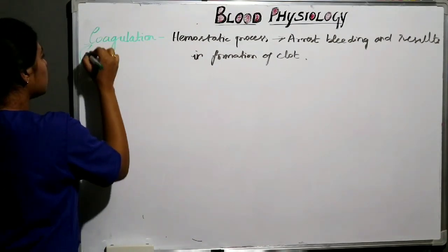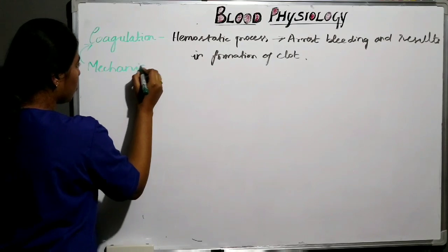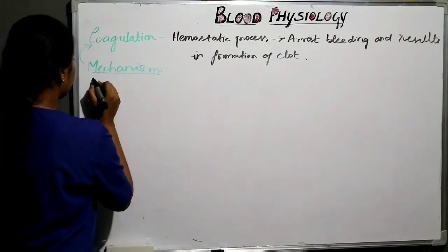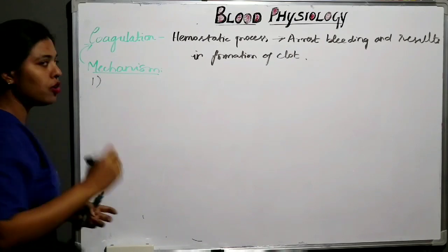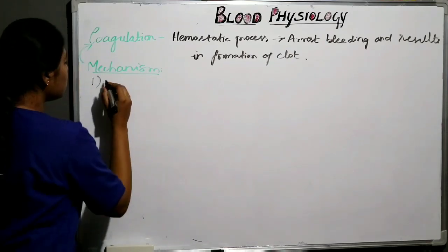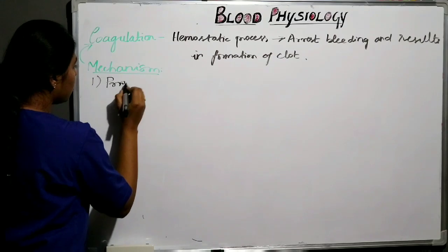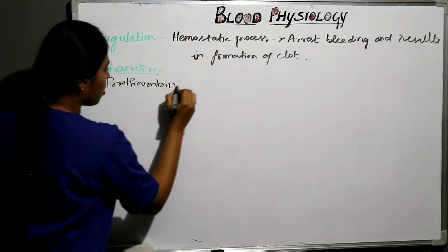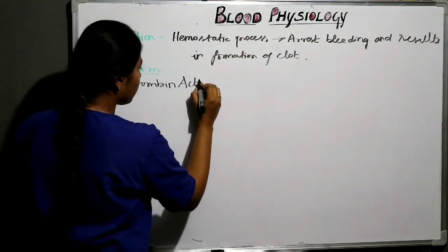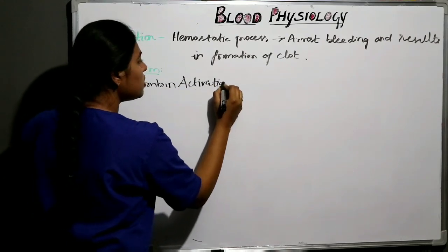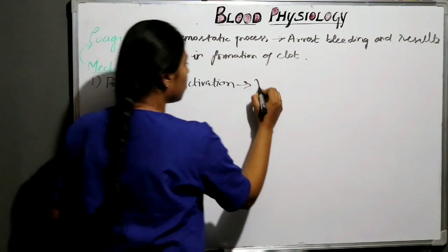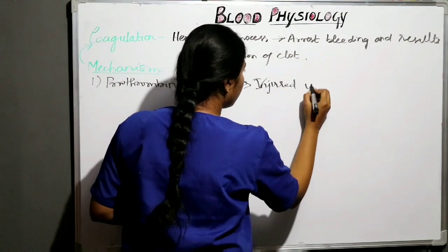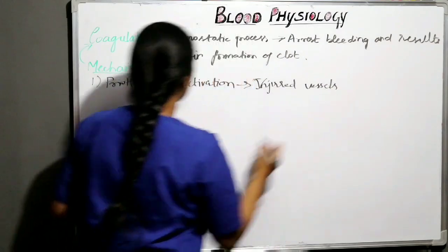So, the mechanism. How does coagulation occur? First the injured vessel will release prothrombin activator.